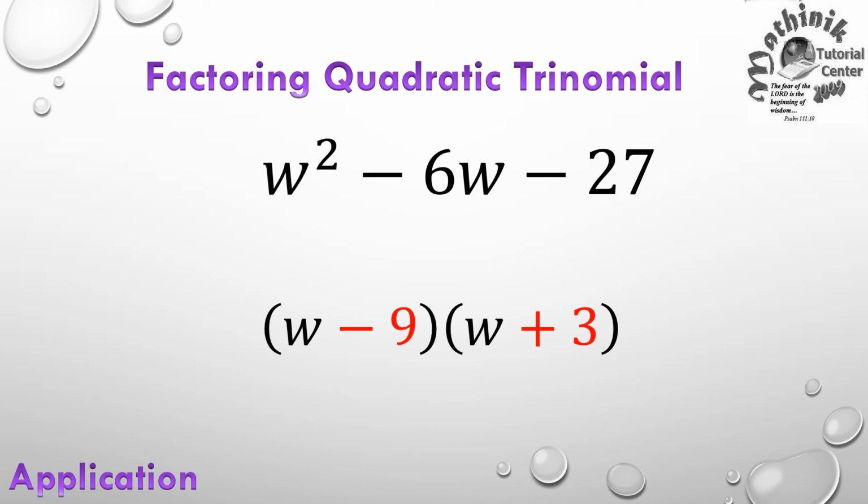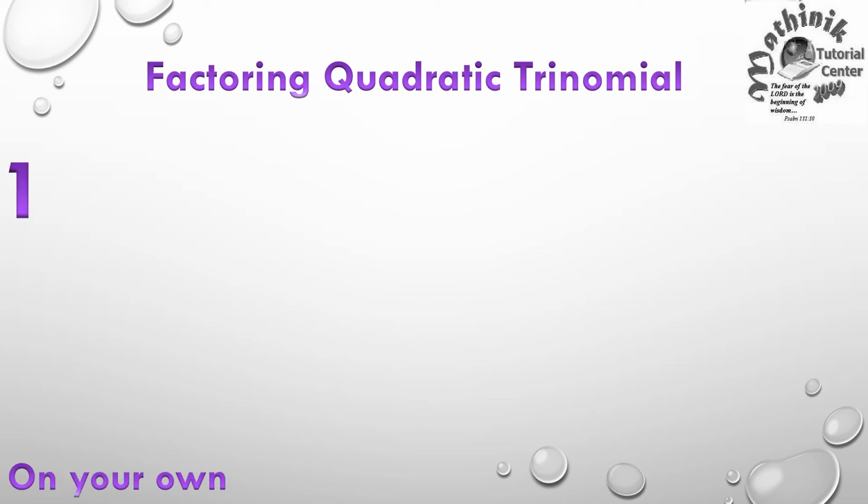So we can easily write the factors as w minus 9 times w plus 3. Okay, did you get the easy way of factoring the quadratic trinomial of the form x squared plus bx plus c? Then I will give you 5 items.